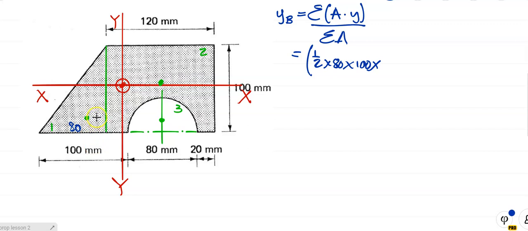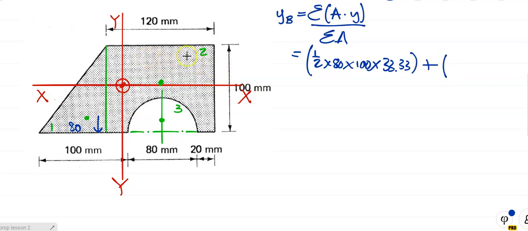Y is the distance from the centroid to the line we're taking moments about. So it's 1/3 of 100, which is 33.33. The distance from there to there is 1/3 of that. Plus. Why plus? Because it's the sum of.